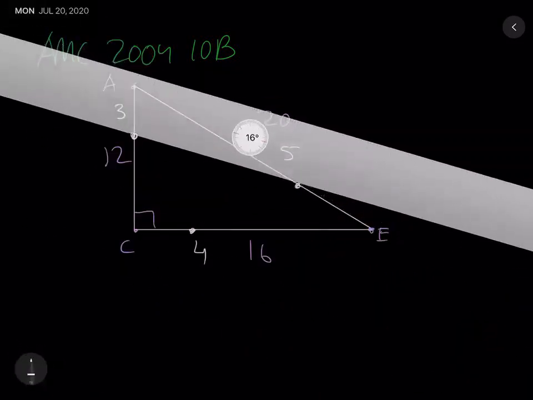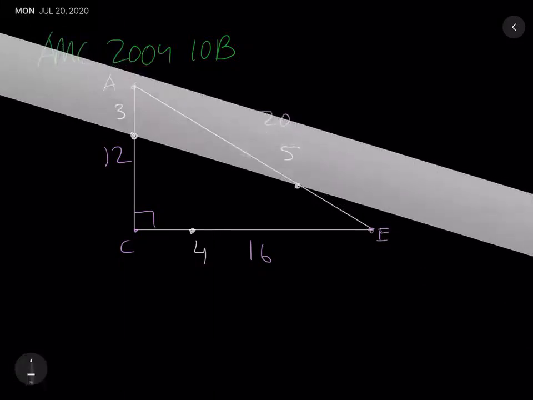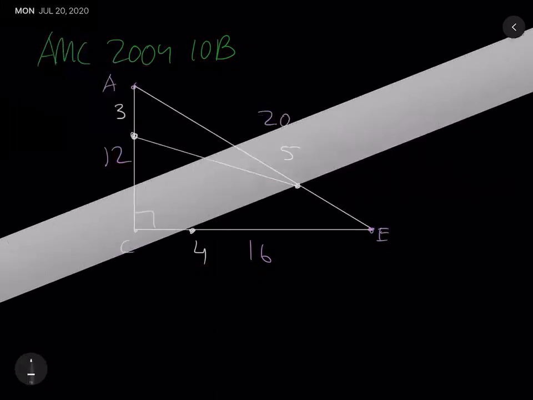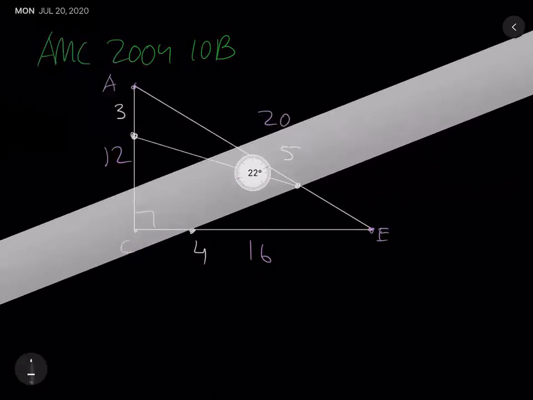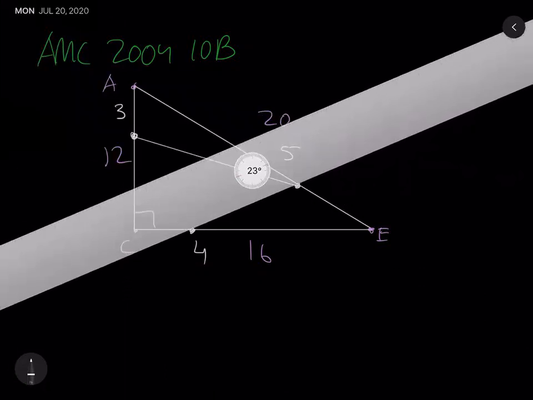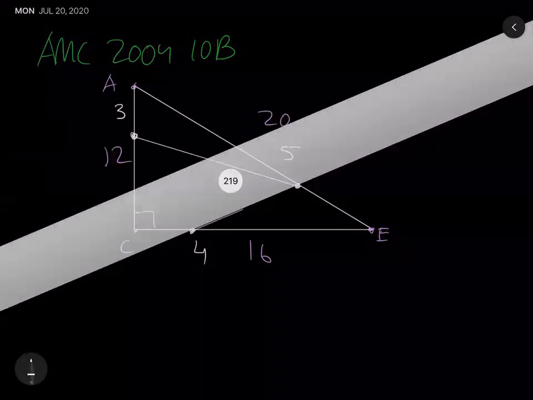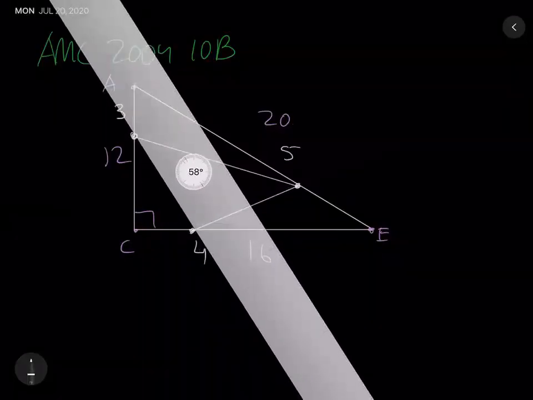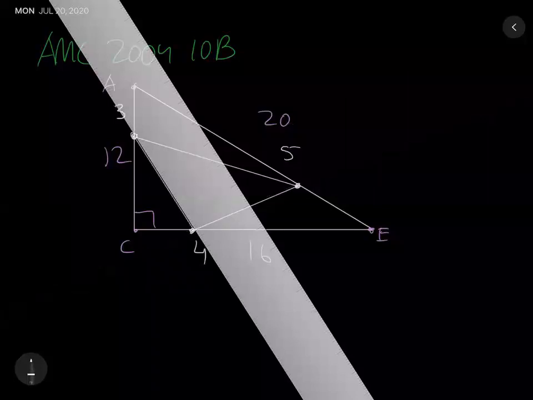So let's draw this. Obviously, your alarm bell should be going off at the lengths being 3, 4, and 5. And here. There we go.